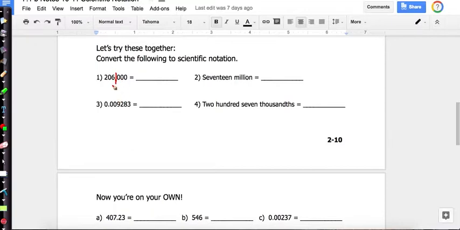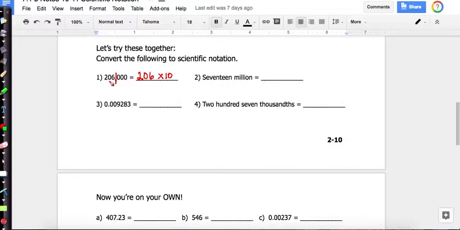So now we're going to place a decimal point such that this number is greater than or equal to 1. So we would put it here between the first and the second number. And we're going to multiply by 10.